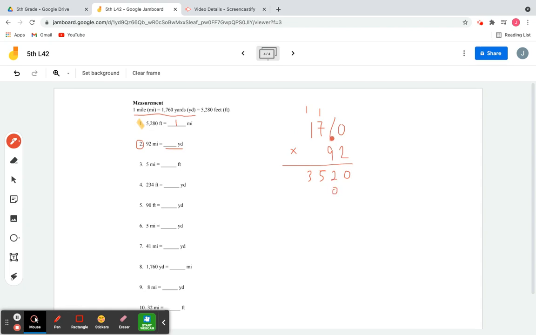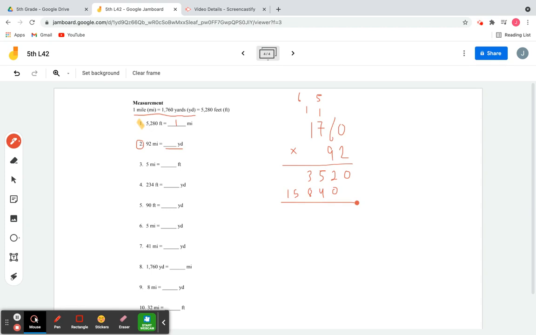And then 6 times 9 is 54. So I write 4 here and then 5 over here. 7 times 9 is 63. So I add 5 over there. 63 plus 5 is 68. So I write 8 here and then 6 over here. 1 times 9 is 9. And 9 plus 6 is 15. So I write 15 here.